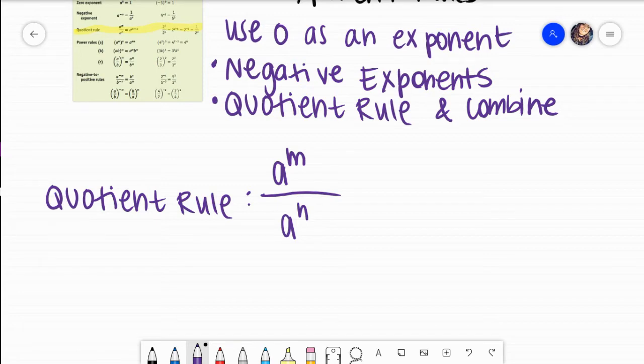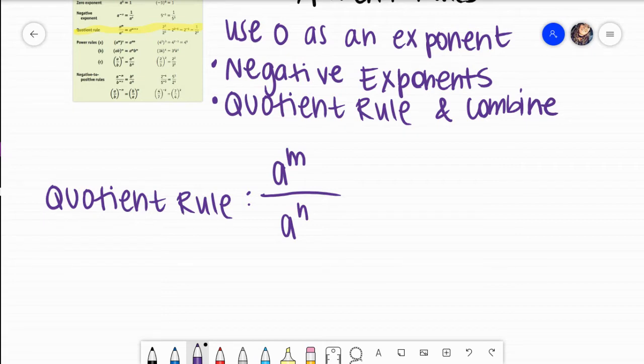Now, the reason why I didn't use m and m for the numerator and the denominator was because that would imply that the only time you could use this rule would be if your exponents were the exact same. And that's not true.